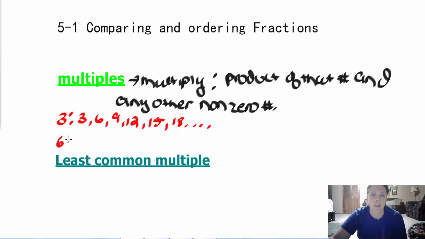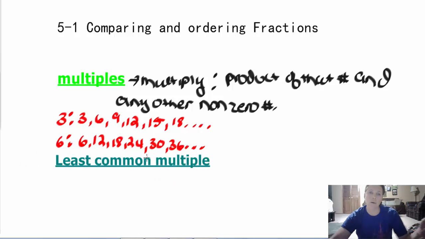So if we have 3 and then let's say we had 6. So 6, 12, 18, 24, 30, 36, and on and on and on. Those would be the multiples of 3, multiples of 6. Now when we get to the least common multiple, it's exactly what it sounds like.